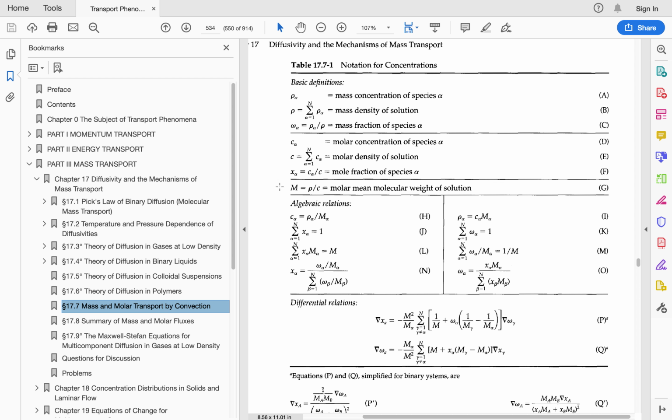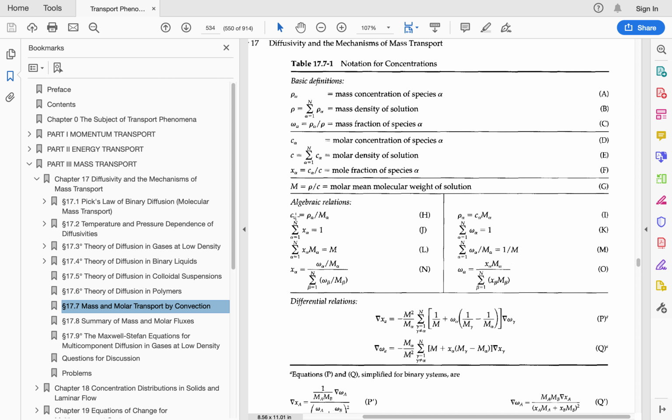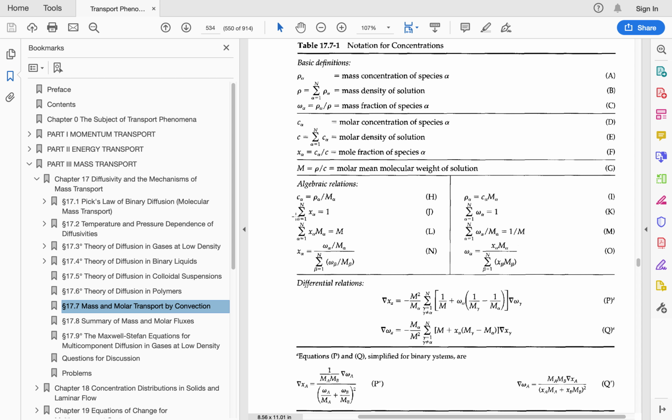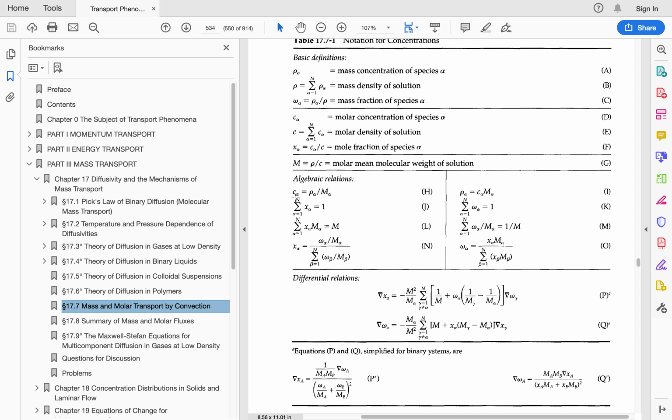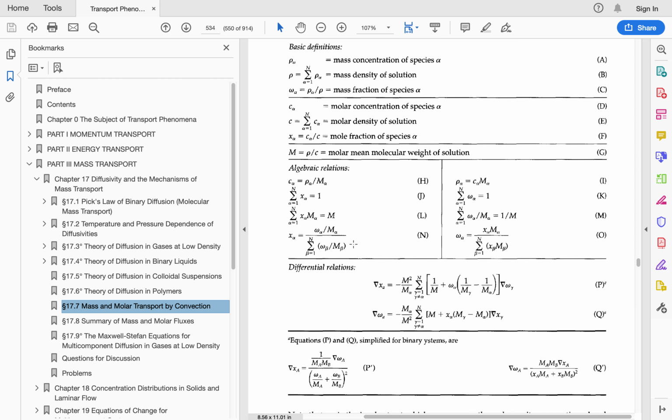And the mean molecular weight we define as capital M equal to rho divided by C. By that you can build an algebraic relation between concentration and mass density. The summation of mole fractions is 1, the summation of mass fractions is 1, and you can calculate the mole fraction from the mass fraction and its molecular weight.